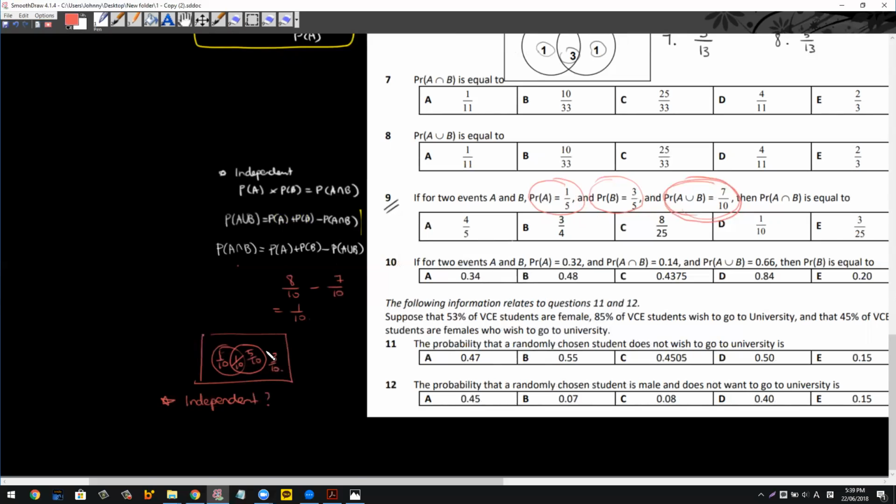So here's the Venn diagram. Well, here are the results. So you can just multiply this by this, and compare that with the middle part. And you just have to tell me if it's independent or dependent, all right?